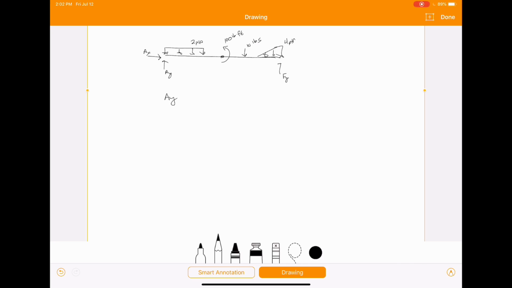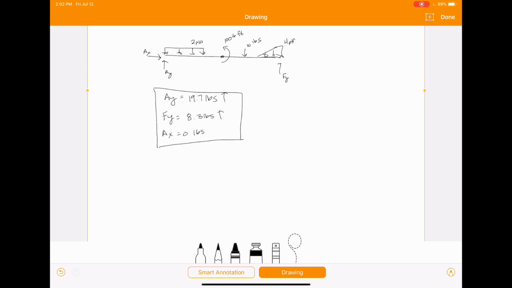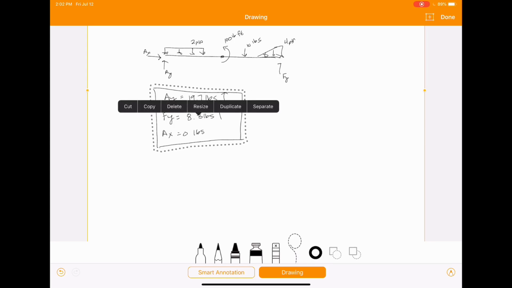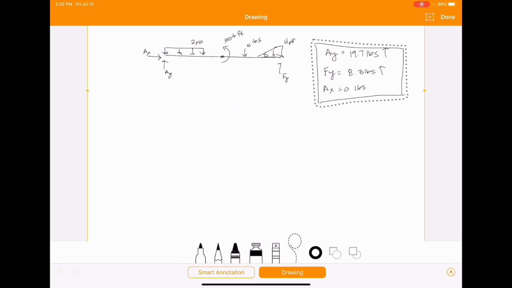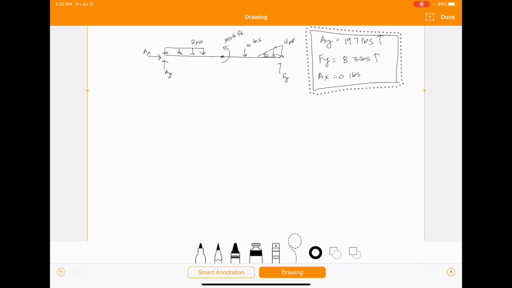I calculated Ay equals 19.7 pounds up, and Fy equals 8.3 pounds up, and Ax equals 0 pounds, of course.